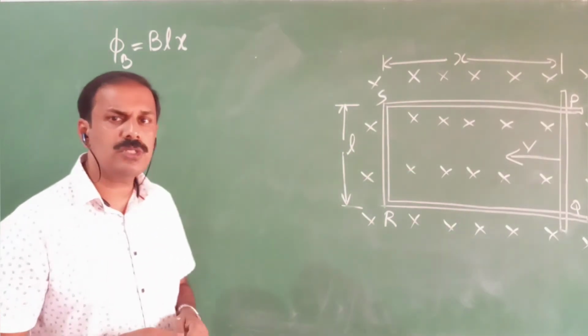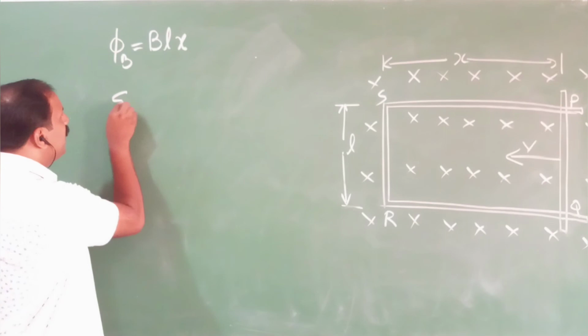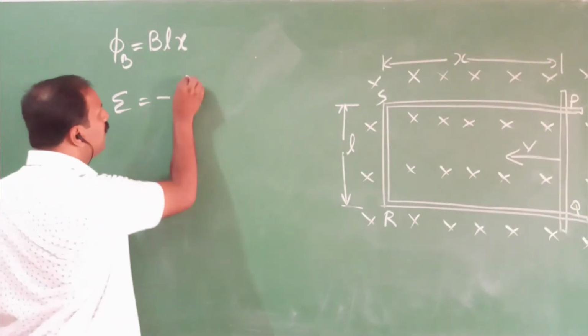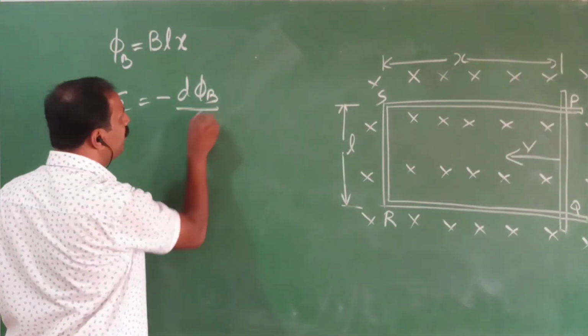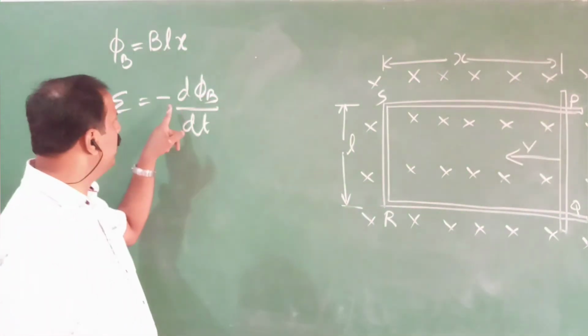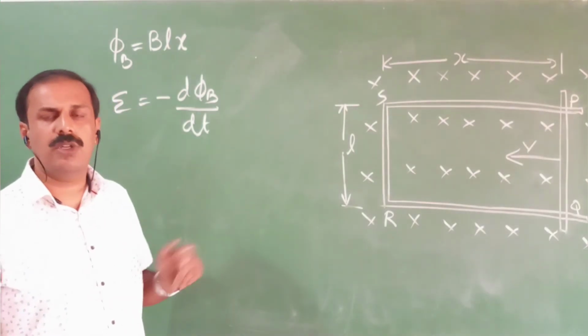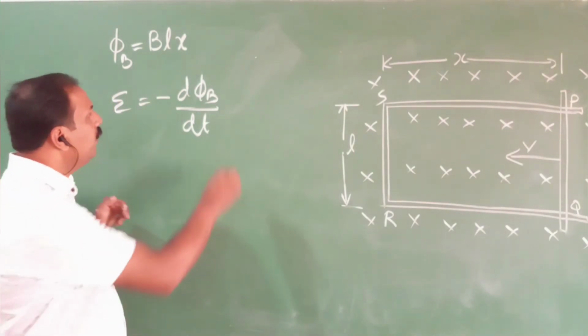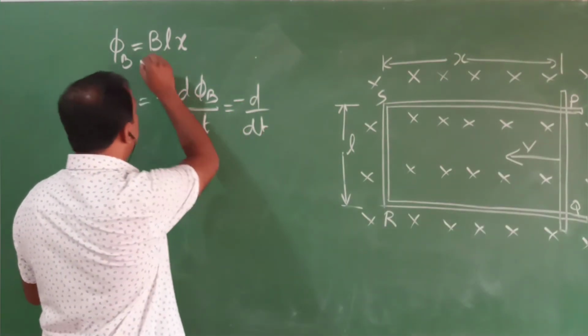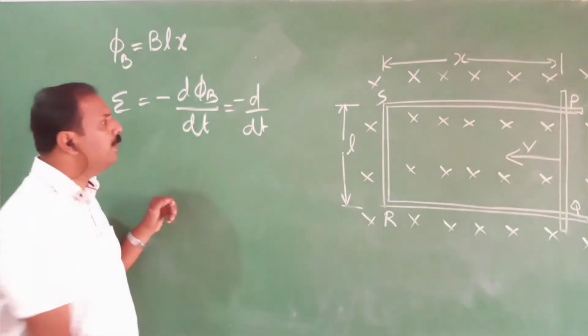The EMF produced can be written as E is equal to our normal equation, minus d phi B by dt. You know this is Faraday's law of electromagnetic induction, and this minus sign is due to Lenz's law. All those things we know. Or we can write it as minus d by dt of the flux, that is BLx.